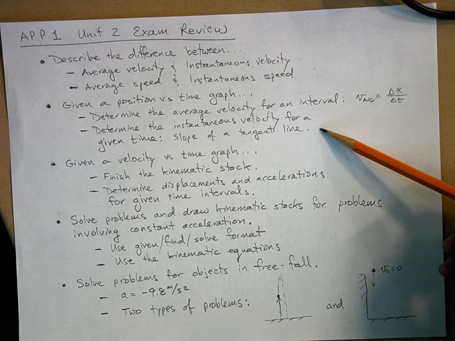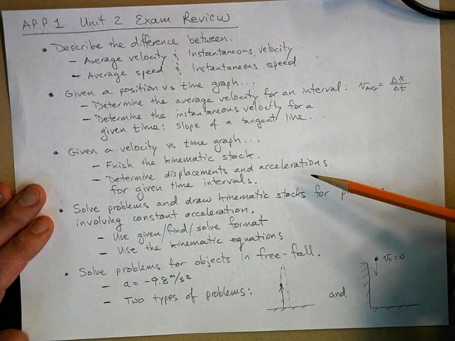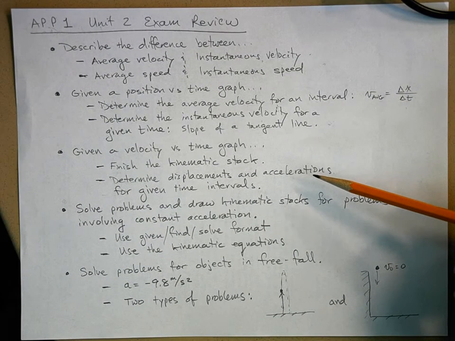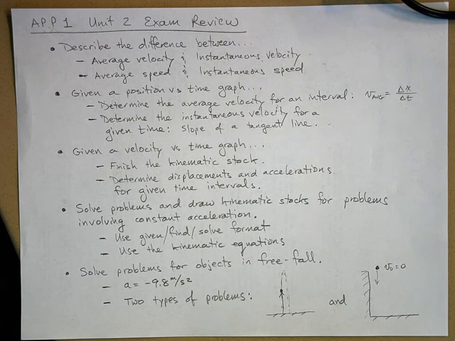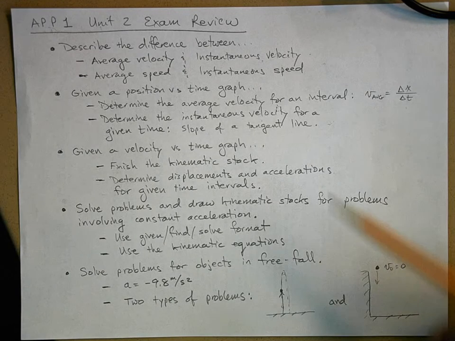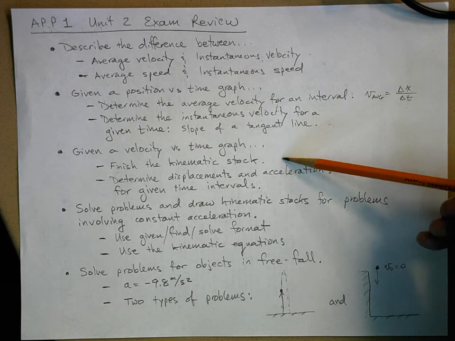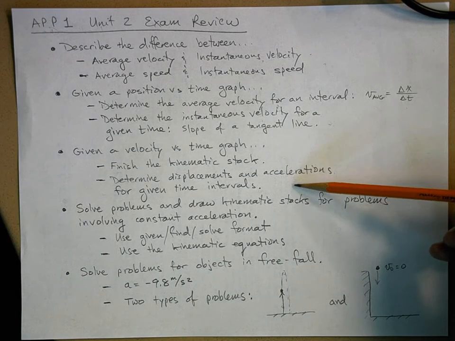Okay. Then what if you're given a velocity versus time graph? Looking at it now, I'm probably not going to give you a velocity versus time graph. I'm probably going to give you velocity versus time data, and you're going to plot that data to get a velocity versus time graph. And from that, I want you to get a kinematic stack. I want you to determine displacements and accelerations for given time intervals.